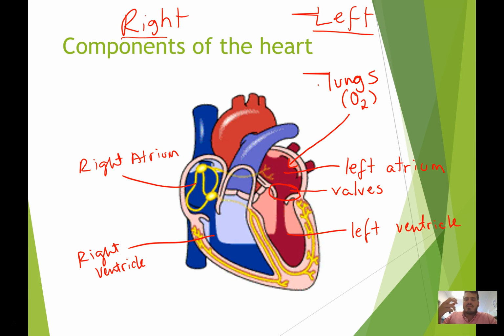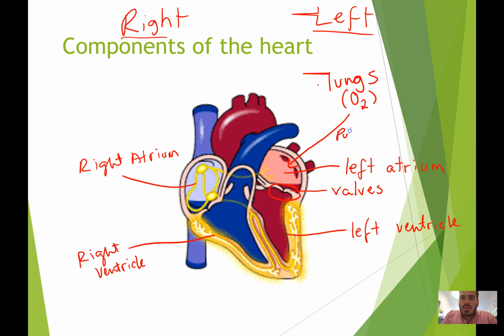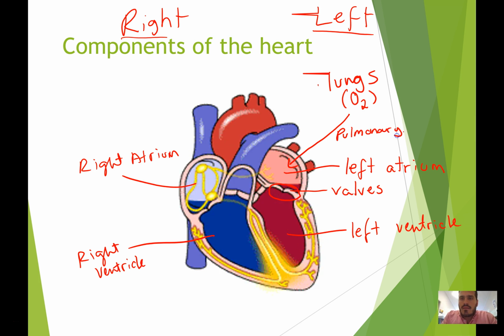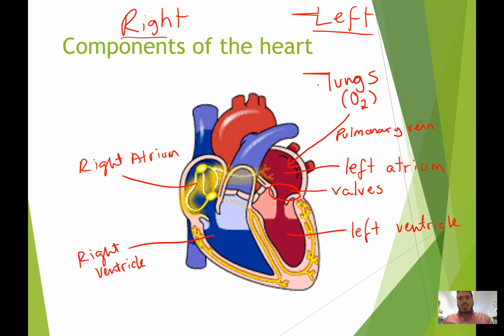And that's going to be our very first vein, because we know it's a vein because it's going to the heart from the lungs, and it's called the pulmonary vein. Okay, pulmonary just means lung, okay? I think it's Latin.